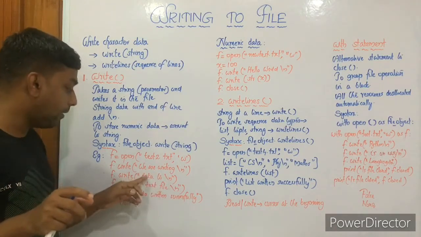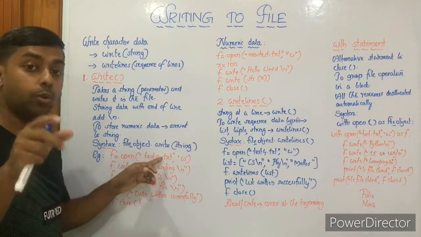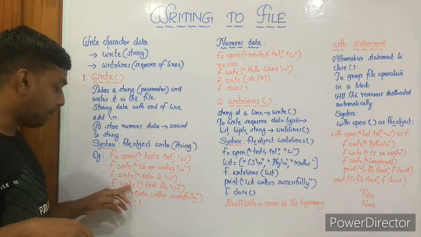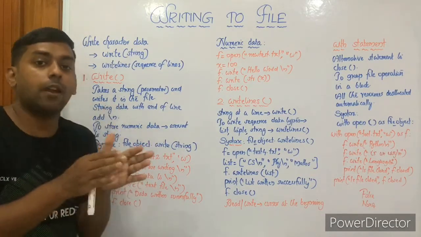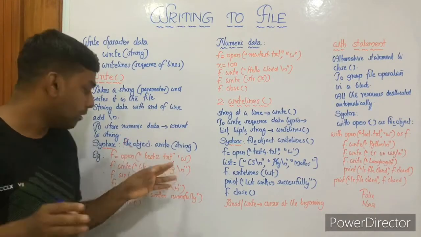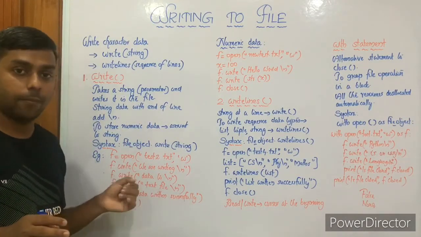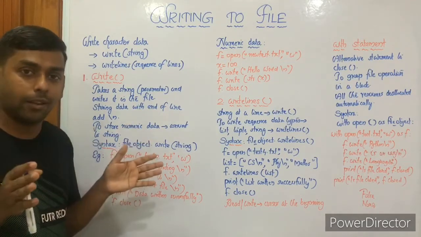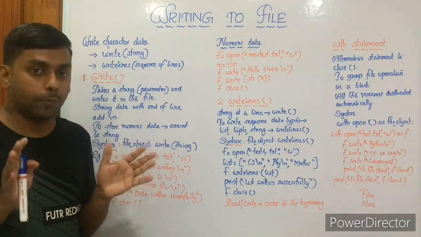That means data2 is written as the second line in the file test2.txt. Again we have \n. Next line, f dot write text file \n. That means text file will be written as the third line because we have \n here. Then print data written successfully, and it will not be written in the file. It will be just for display. That means you will get data written successfully in the output page.